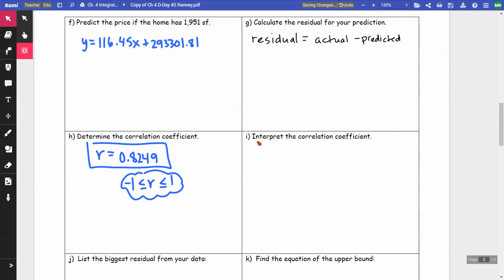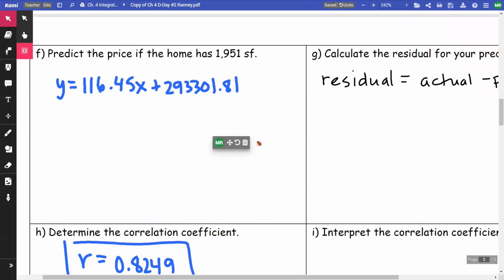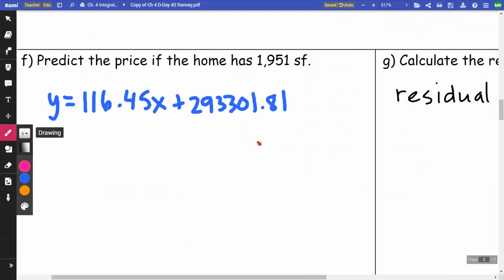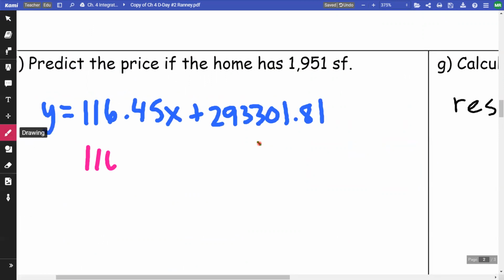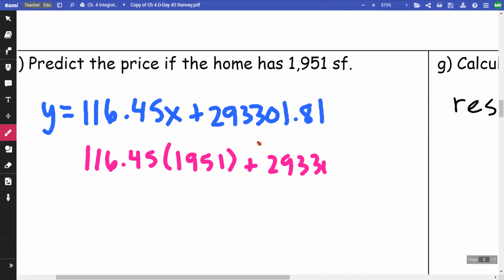So into this equation, I'm going to put in 116.45 times 1951 plus 293,301.81. I'm going to put that into my calculator.